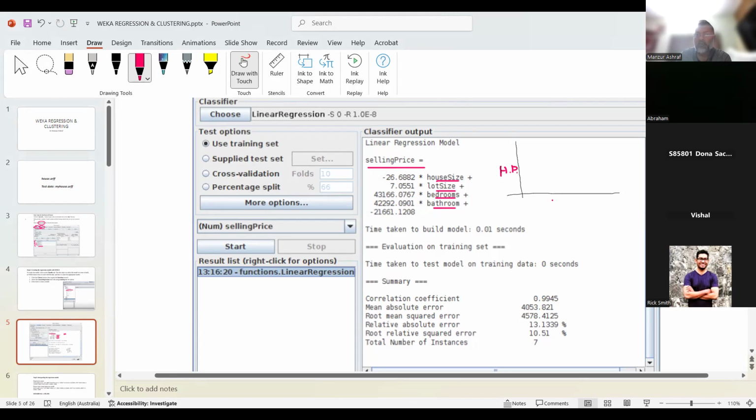And this is probably the lot size, L size. So I can say that this is the lot size and this is the selling price.